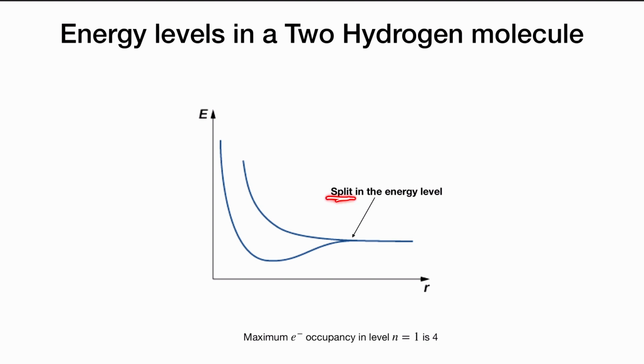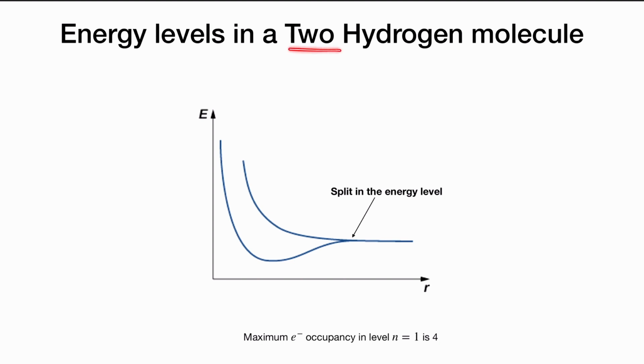Maybe this might be a misdirection when I say split, but all it means is that because you're bringing in 2 hydrogen atoms, each of which had a discrete energy level, when you bring them together, those energy levels are going to be different because, again, of Pauli's exclusion principle. These 2 cannot be the same, so they have to be different, and that's why we have what looks like a split.